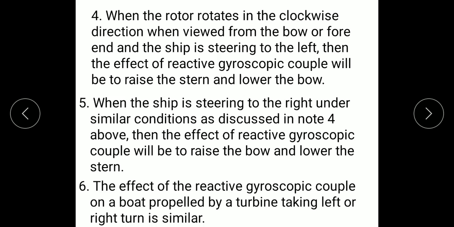We have already discussed this in aeroplanes, so I will not explain it again here. When the ship is steering to the right under similar conditions as discussed in note 4 above, the effect of reactive gyroscopic couple will be to raise the bow and lower the stern. So these are the different cases we have already completed in aeroplanes; here also it is the same.